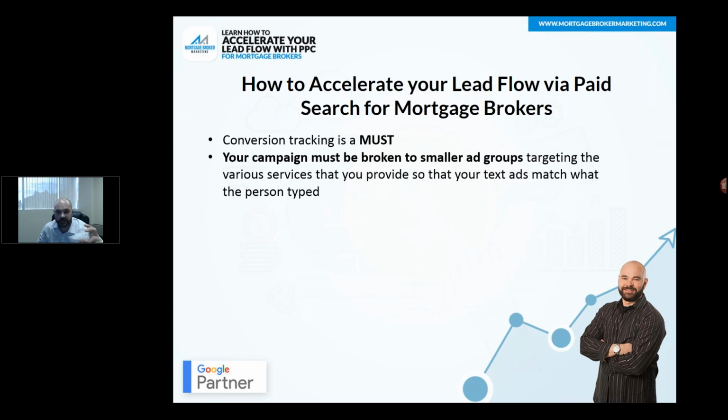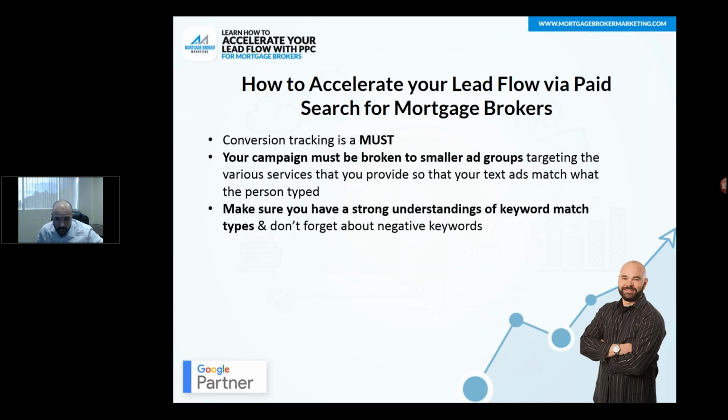Use many different bite-sized ad groups, like VA, FHA. Make sure the text ads match what they're typing in. You really want to make sure you understand the keyword match types: the broad match, modified, the phrase match, and exact match.